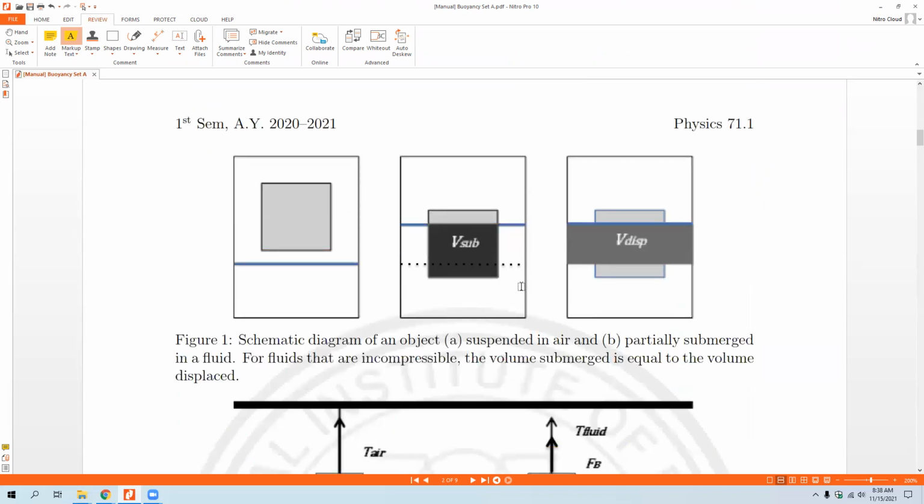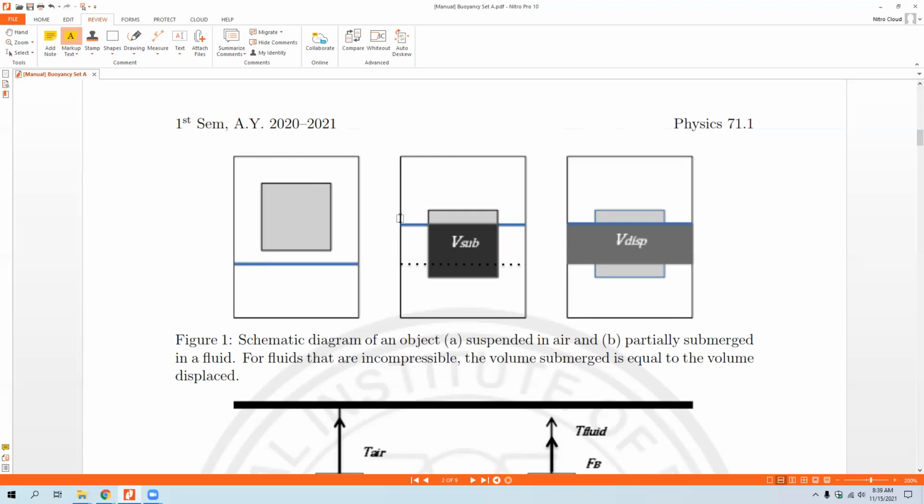So dito sa figure 1, makita natin ang isang schematic diagram of the entire system. So ang blue line na ito represents the surface of a fluid and meron tayong box. Ngayon, if yung box natin ay i-submerge natin sa fluid, the fluid volume will increase, or well, the reading will be increased rather.